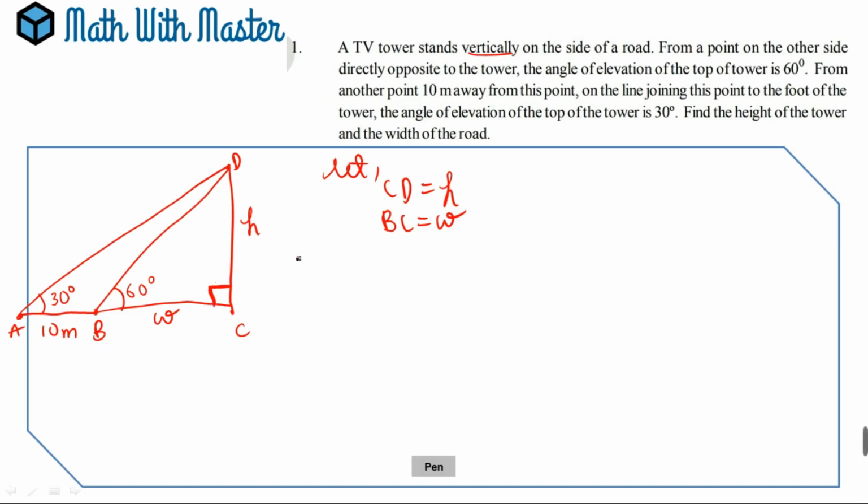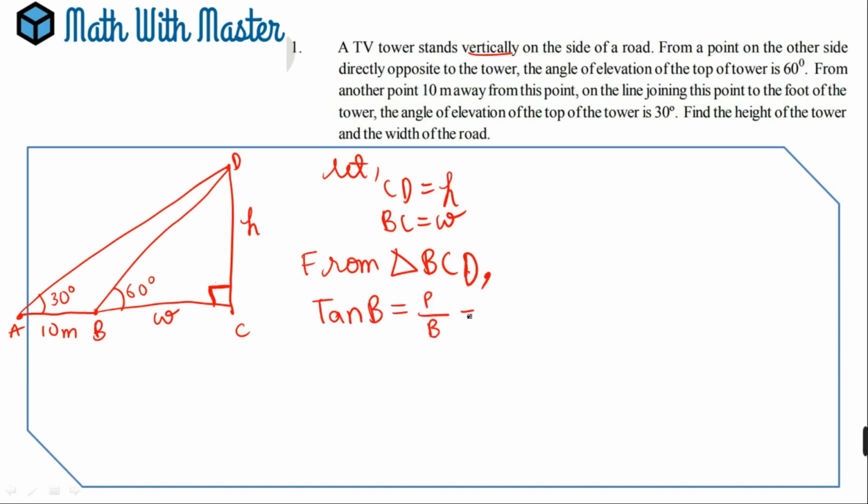So now we will firstly go with triangle BCD. Here from triangle BCD, tan B is equals to perpendicular upon base, which is also equals to opposite upon adjacent, which is equals to, what is opposite of angle B in triangle BCD?